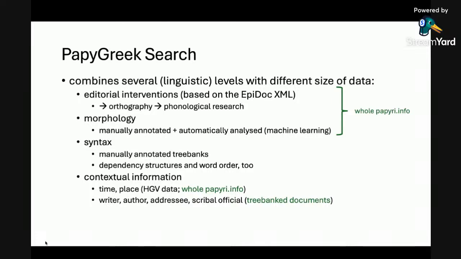And then we have added some metadata ourselves for writer, author, addressee, scribal, official. And this is only for the tree-banked documents, or mostly. There's a little bit of those that I have added to things where we don't have Treebanks, but that's a minor thing.